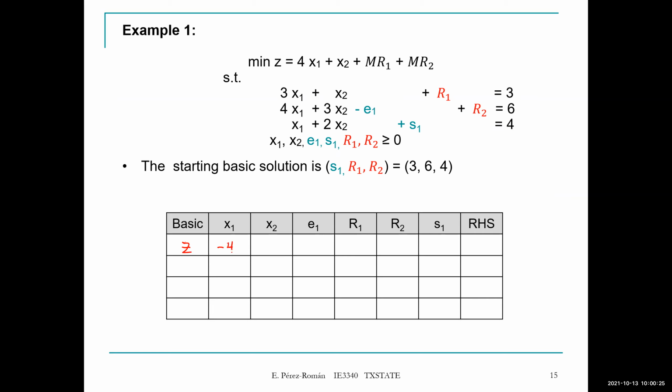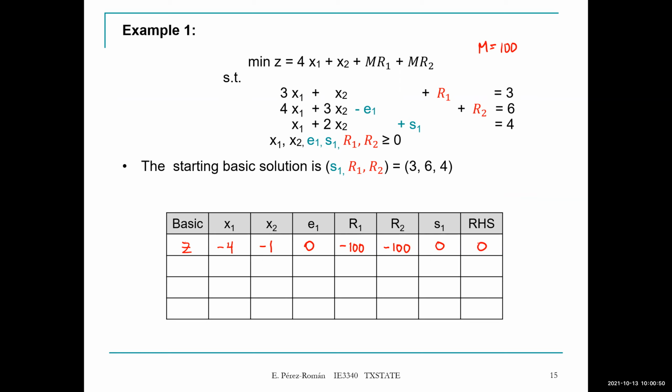Again, this is going to be -4, -1. We set M to be 100. So E is going to be 0. And then this is going to be -100, -100. S1 is going to be 0, and this is going to be 0.